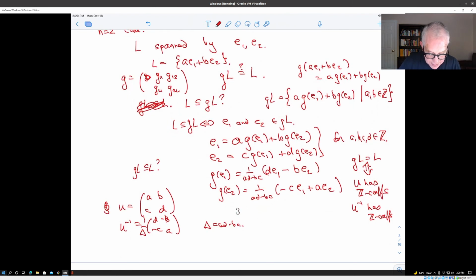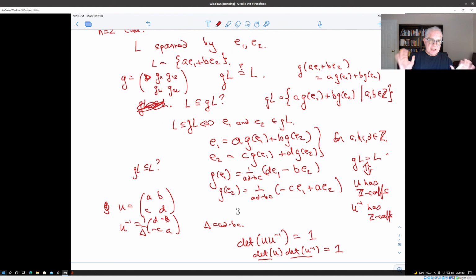And now, if we use the fact that U and U inverse are inverse matrices, we know that the determinant of U times the determinant of U inverse has to equal 1. But if GL equals L, both of these matrices have integer coefficients, so these are both integers. I don't know what they are, but they're integers.